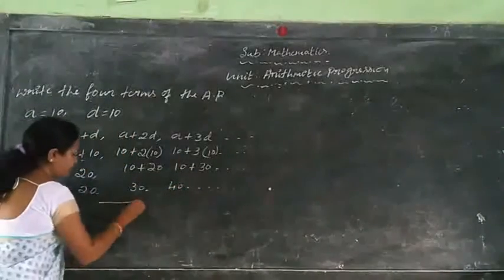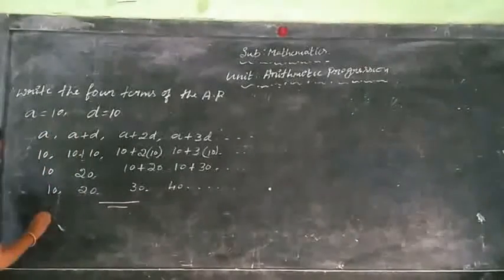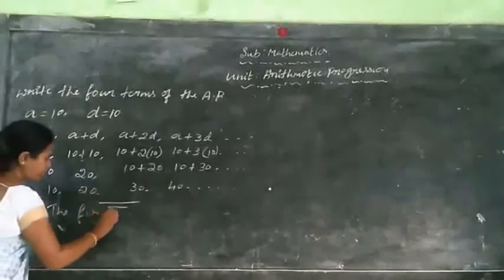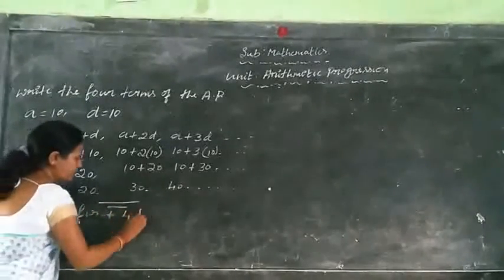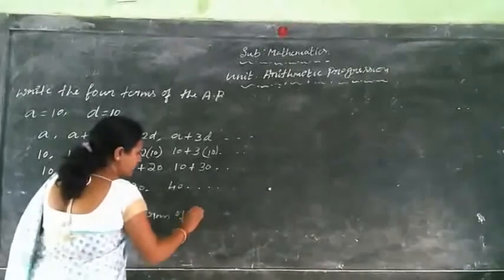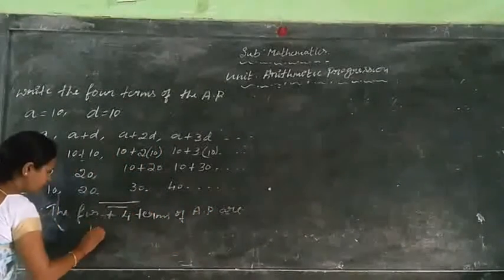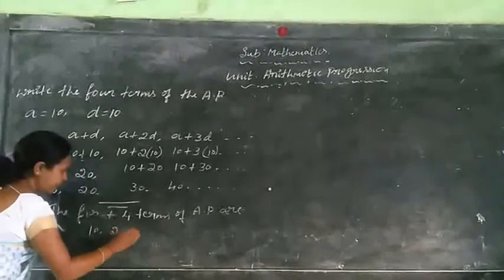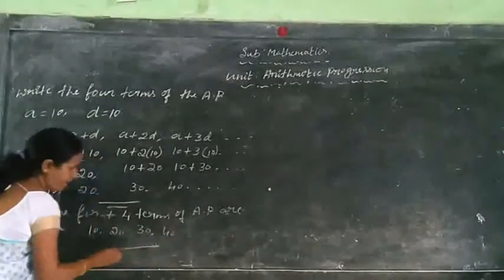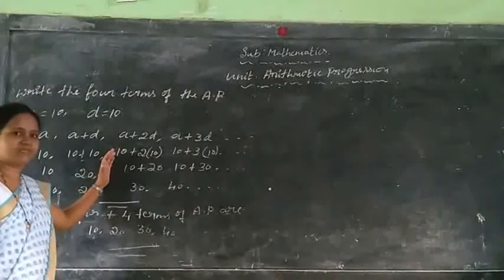So these are the first 4 terms of the AP, children. So the first 4 terms of the AP are 10, 20, 30, 40. Do you understand, children? Is it easy?